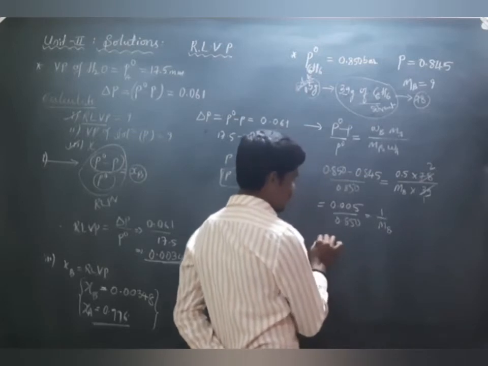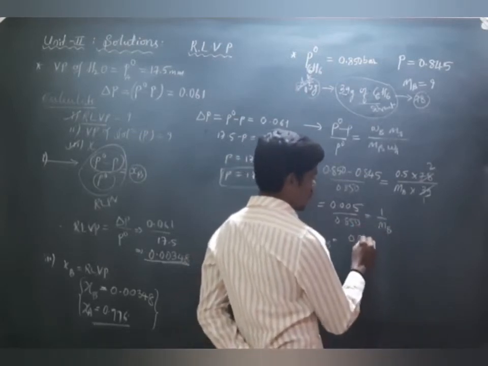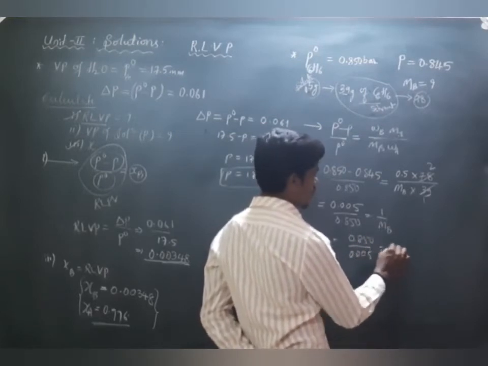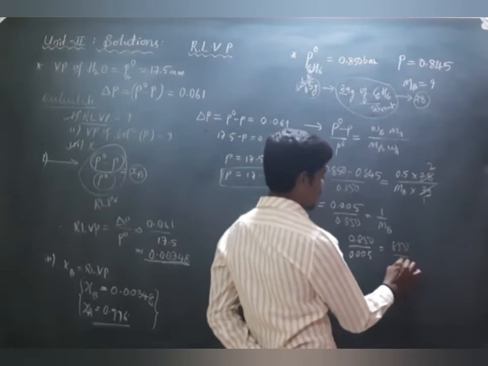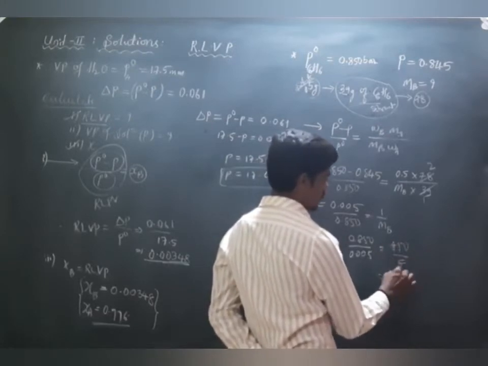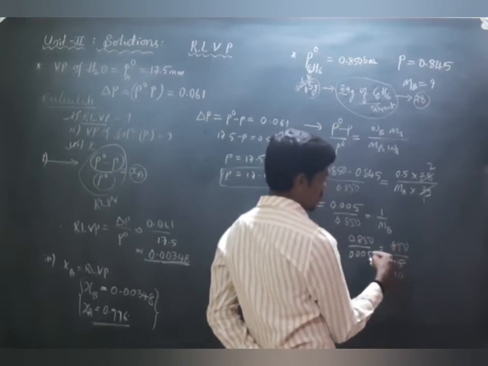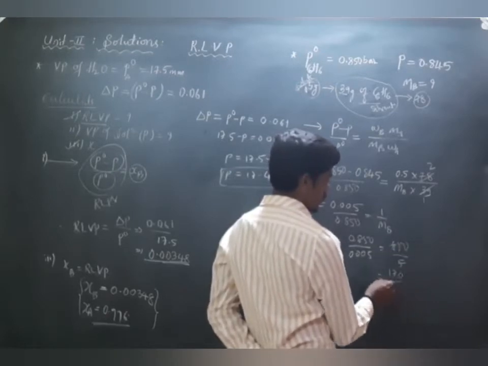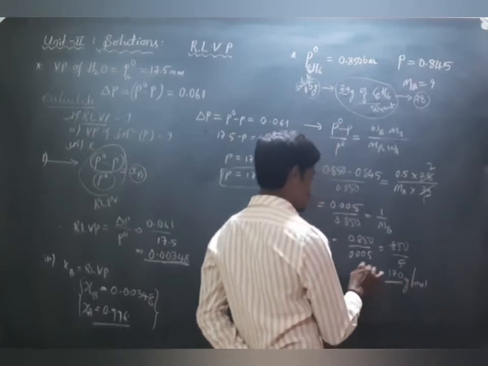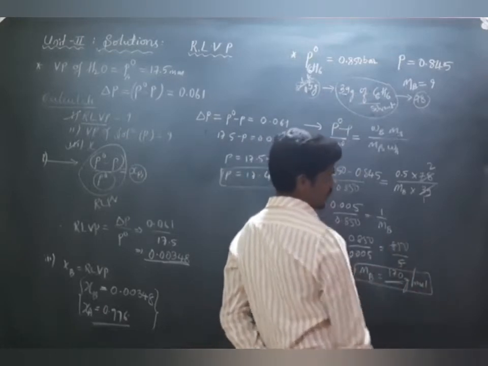Therefore MB is equal to 0.850 divided by 0.005, that is 850 divided by 5, which is equal to 170. Okay, 170 grams per mole. So the MB value is equal to 170 grams per mole.